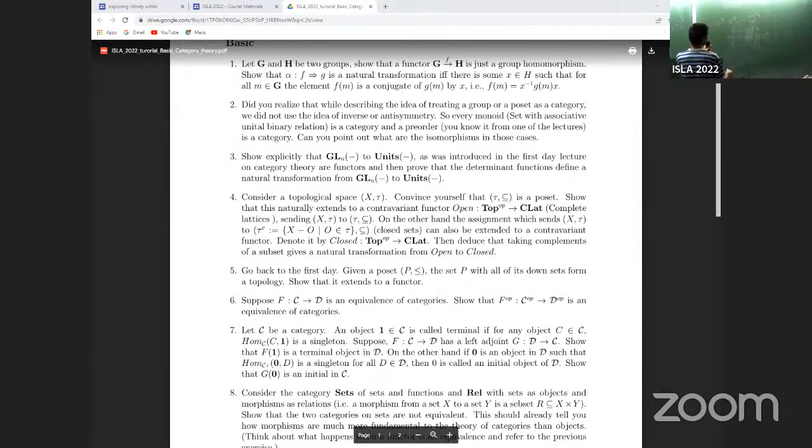So really speaking, what is happening is that there is a morphism from B to A in the category C. This is happening in C op. This is happening in D op. And what really is happening is that, given a morphism f, I have Ff from FB to FA.